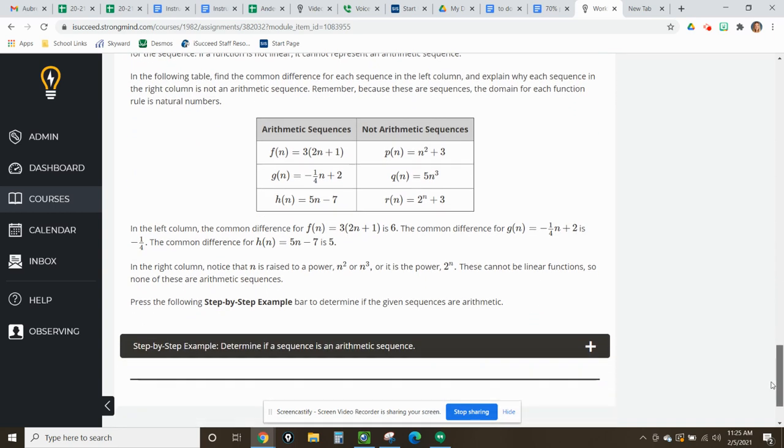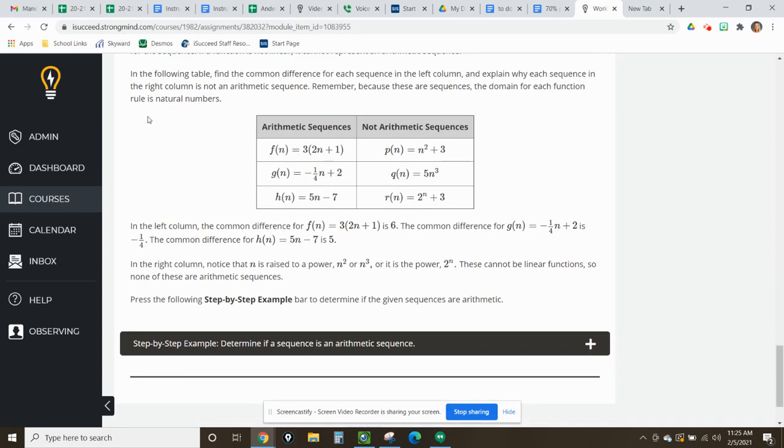Okay. In the following table, find the common difference for each sequence in the column on the left and explain why each sequence on the right is not an arithmetic sequence. So over here, we want to figure out what's going on. What they're doing is multiplying the number by 2 and then adding 1 and then multiplying the entire thing by 3. In the left, the common difference for this one is 6.